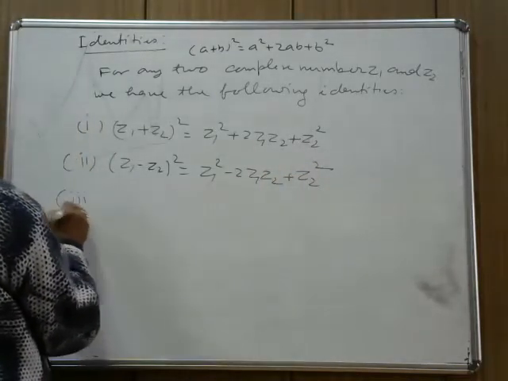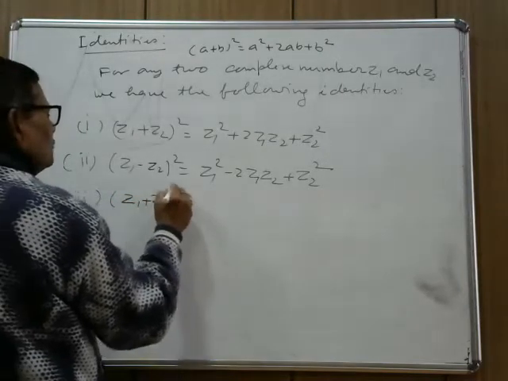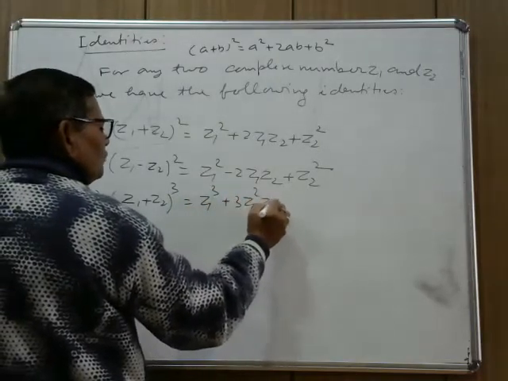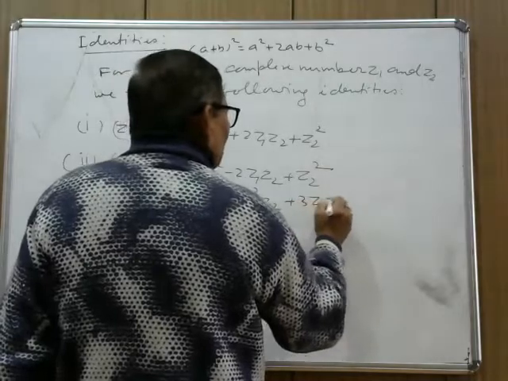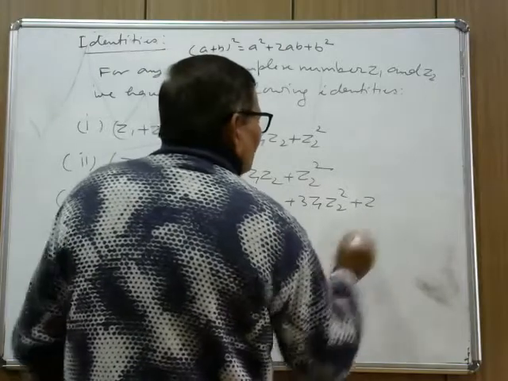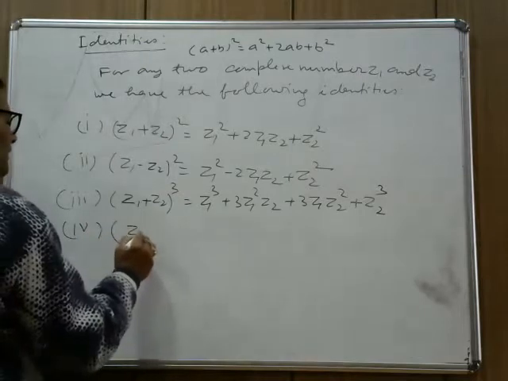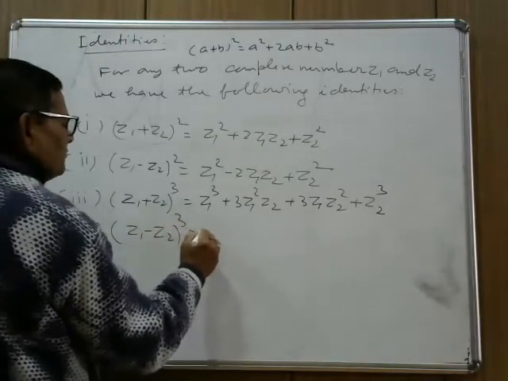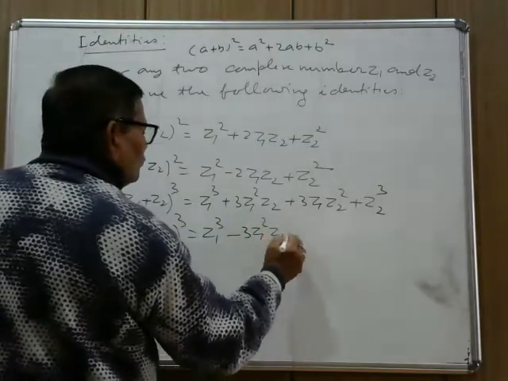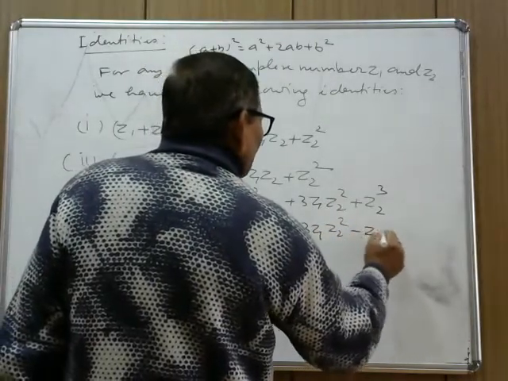Third, Z1 plus Z2 whole cube equal to Z1 cube plus 3Z1 square Z2 plus 3Z1 Z2 square plus Z2 cube. Now fourth, Z1 minus Z2 whole cube equal to Z1 cube minus 3Z1 square Z2 plus 3Z1 Z2 square minus Z2 cube.